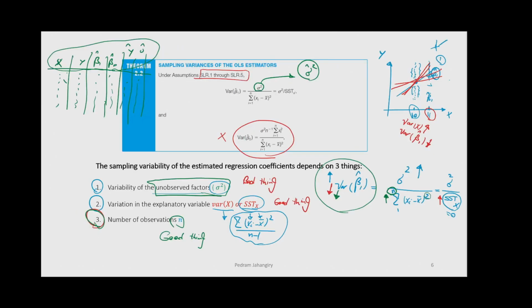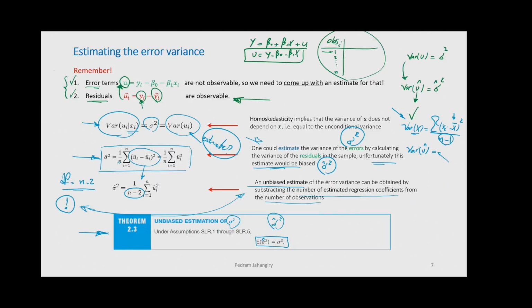We are interested to see what the variance of beta hat 1 is. We got a formula for that. Everything was fine, but the numerator was not observable. So I said, okay, I have to estimate this guy. And now I'm telling you that this equation is the unbiased estimator for your sigma square.